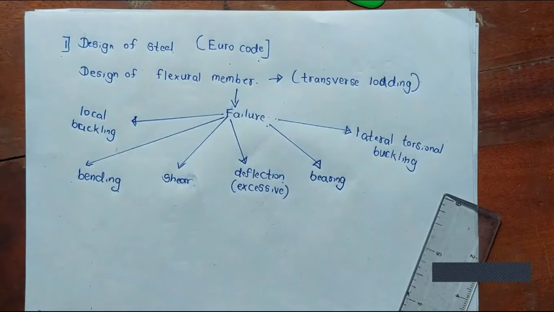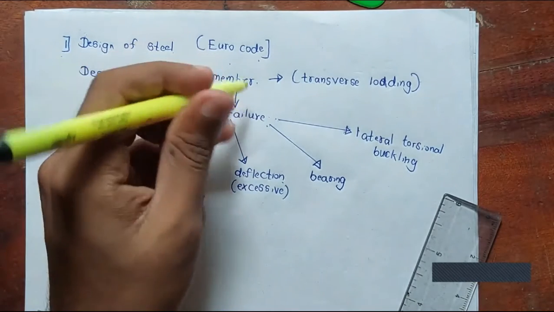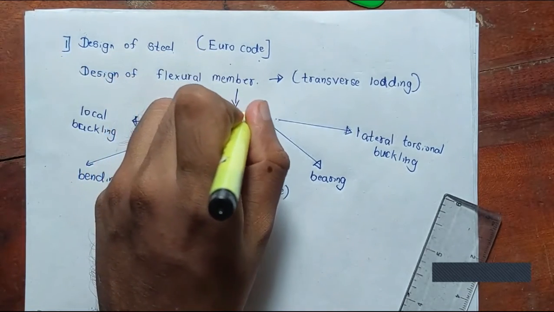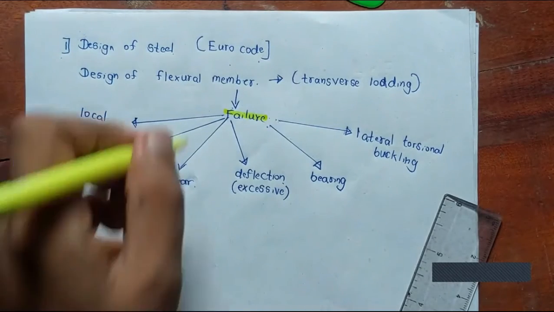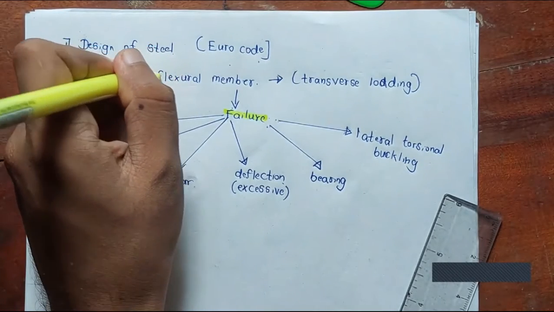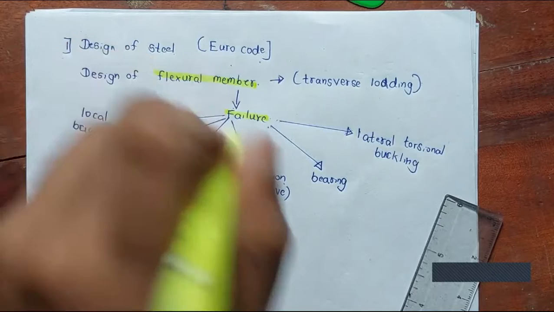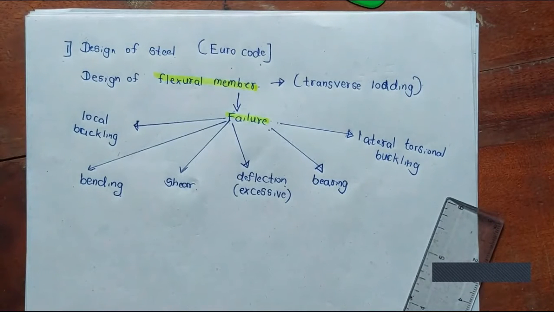These are the failure modes where a flexural member can fail.